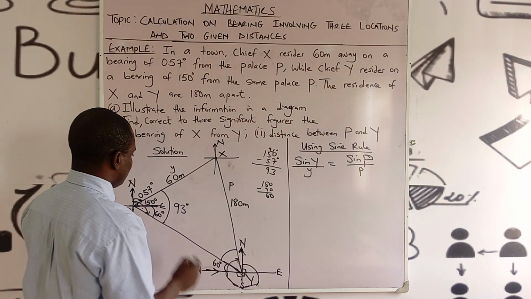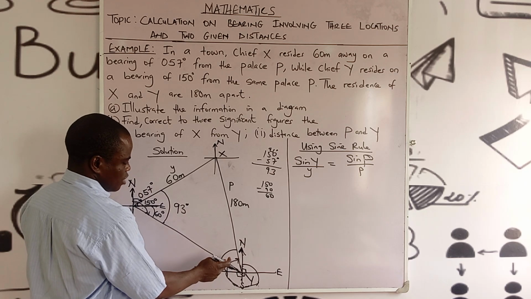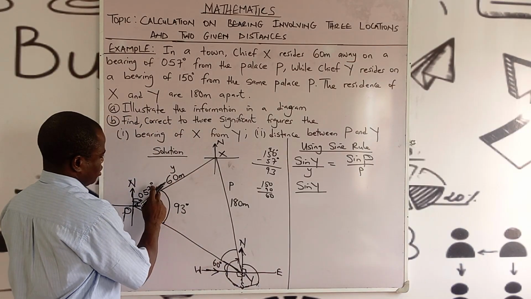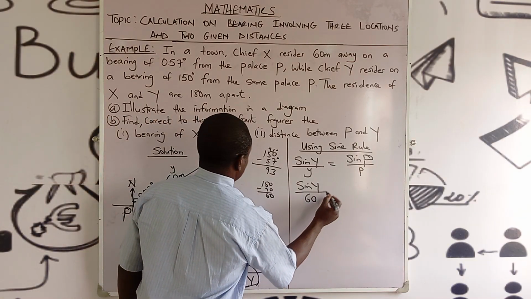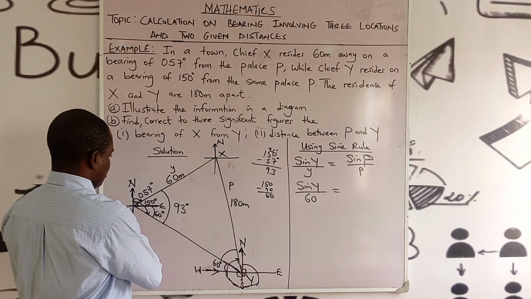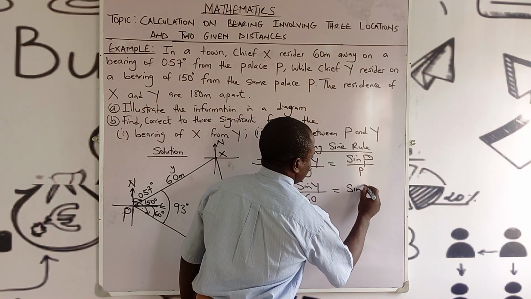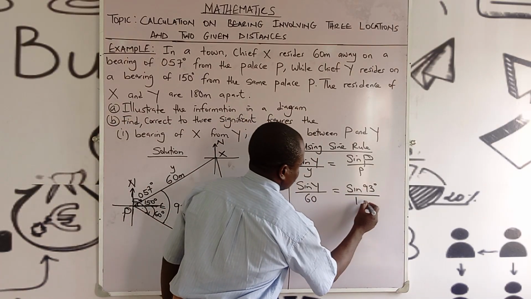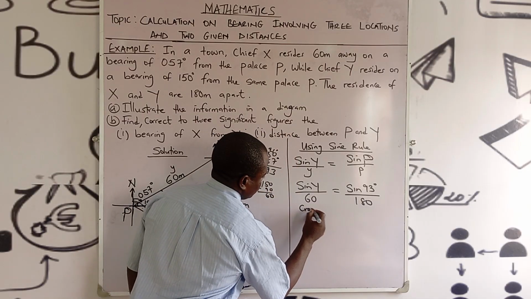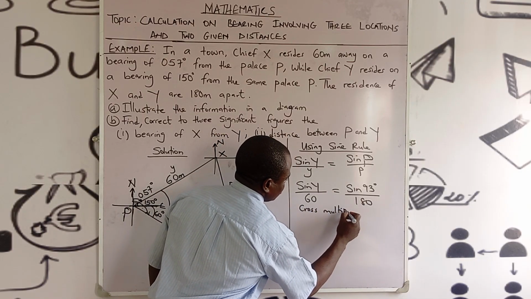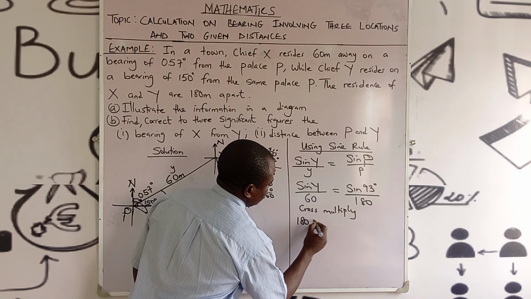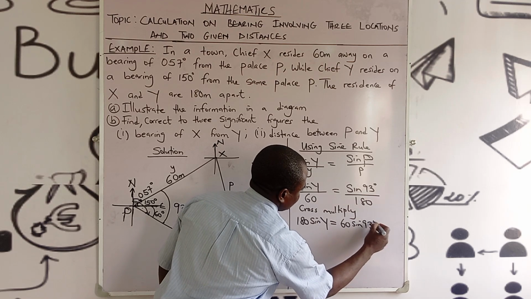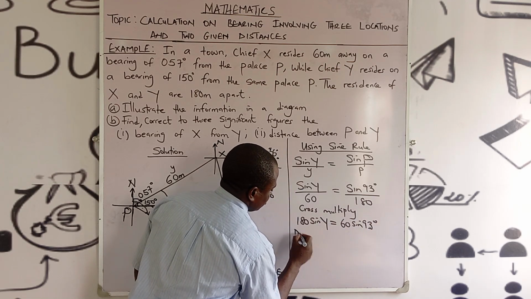Now let's substitute our values. What's our y? That's what we're looking for. Sine Y over 60 meters equals sine 93 degrees over what's our p? It's 180. Cross multiply: 180 sine Y equals 60 sine 93 degrees.